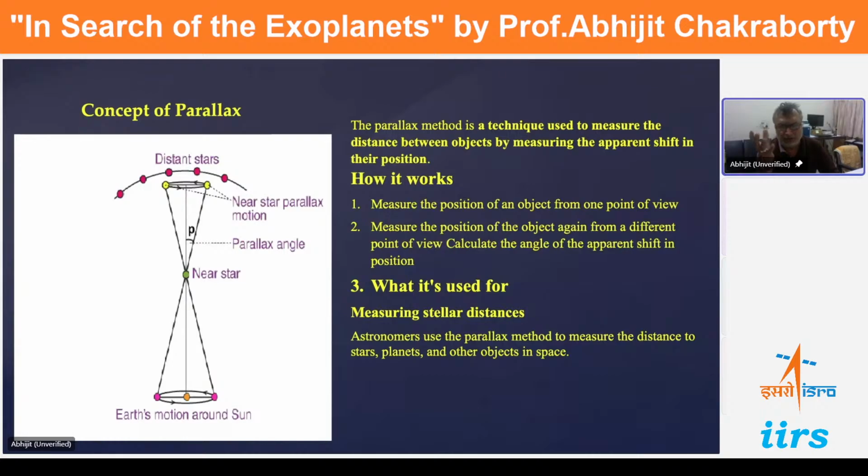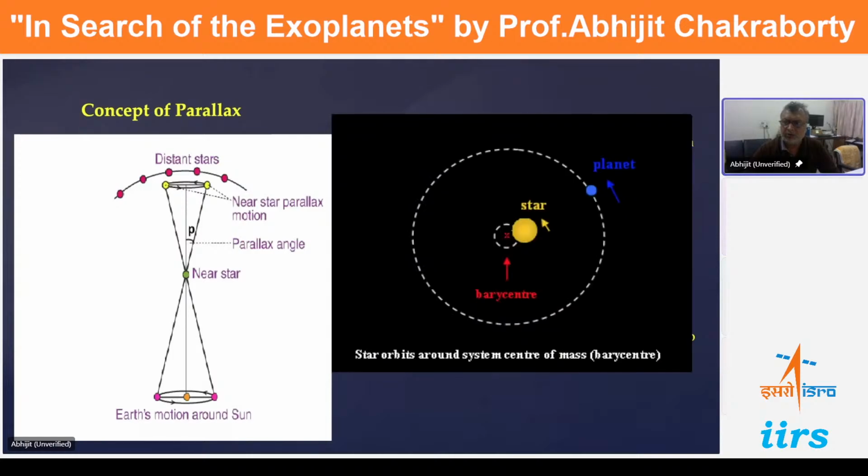Now, how do you use this method to measure the Doppler wobble? As I said, the star is going around the common barycenter with the planet. You cannot see the planet, but you can see the star moving slightly like this.